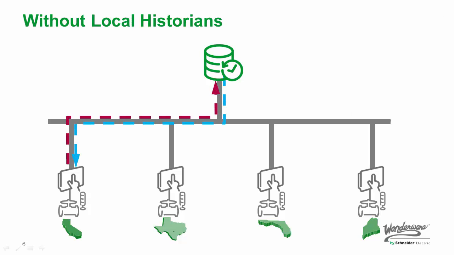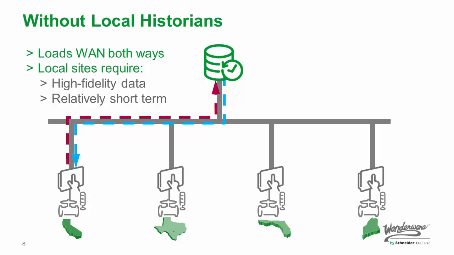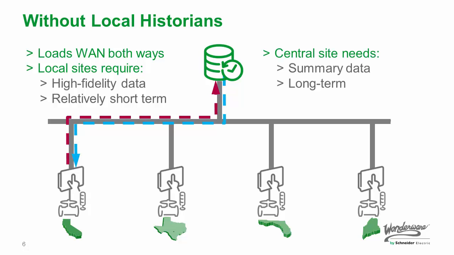So I'm sending all of the data that I need for detailed troubleshooting diagnostics up to the central site. And then I'm also consuming bandwidth, bringing it back to show on a trend or other type of display here at the site. What I need at the central site is relatively low fidelity, long-term data, but what I need at the remote site is relatively short-term, high-fidelity data.